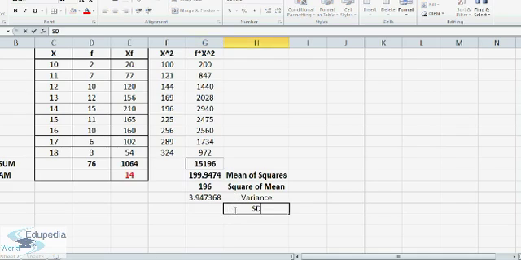Getting the standard deviation from the variance is trivial. It's simply the square root of the above quantity, and that's the standard deviation. Finding the coefficient of variation again is simple. We take the standard deviation, multiply it by 100 and divide it by the actual mean, and here we have the coefficient of variation.